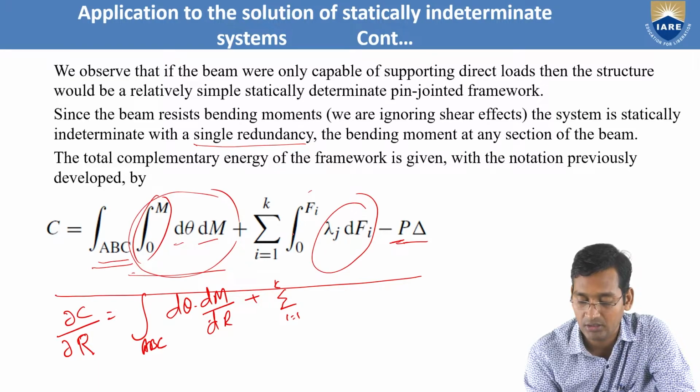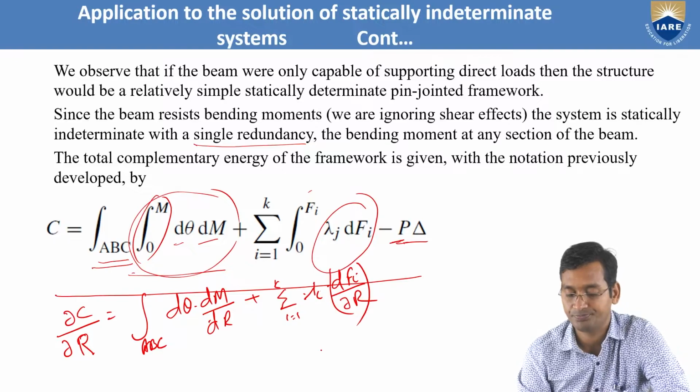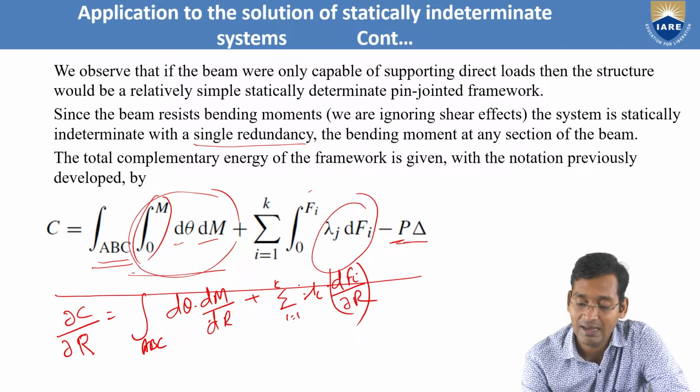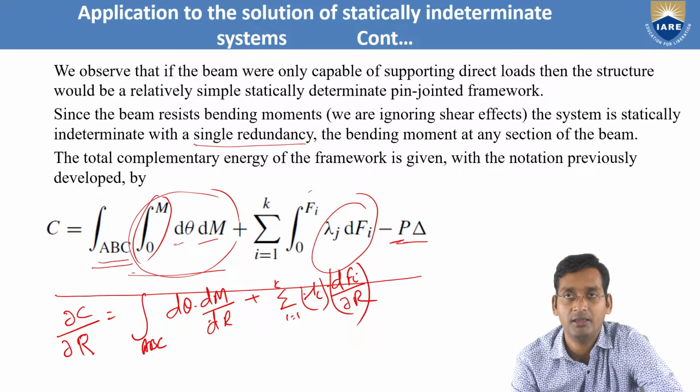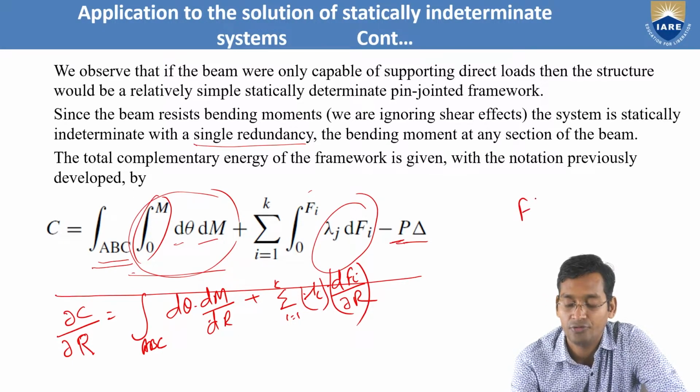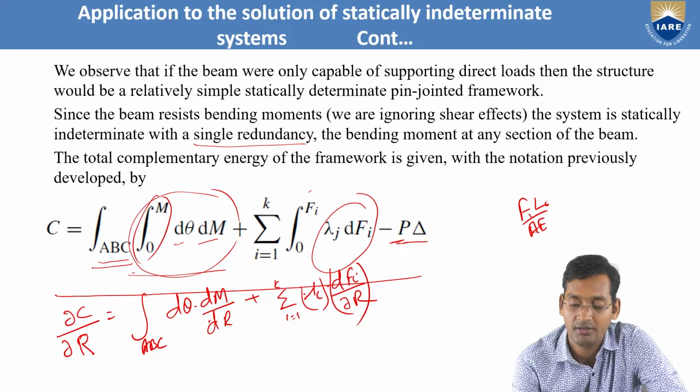This will get cancelled. Then what we have? Lambda i into dou fi by dou r. This we found, right? Lambda is what? Already we had seen FL by AE. So Fi, Li by Ai, Ei is our lambda i.